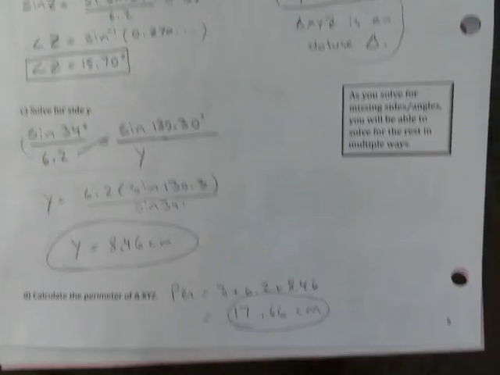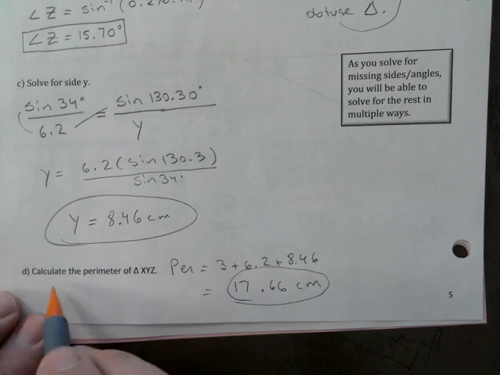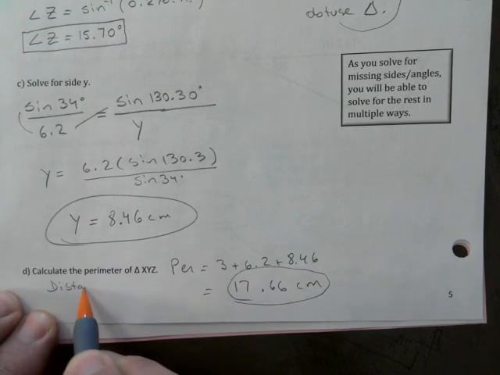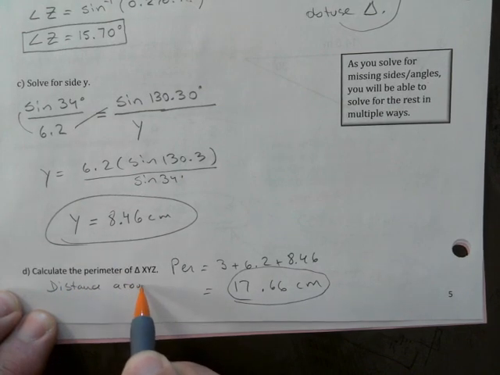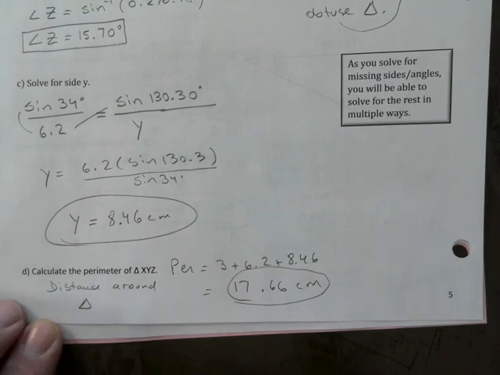Oops, sorry. It's a bit low there. 17.66 would be the perimeter. Distance around, right? That's what that is.